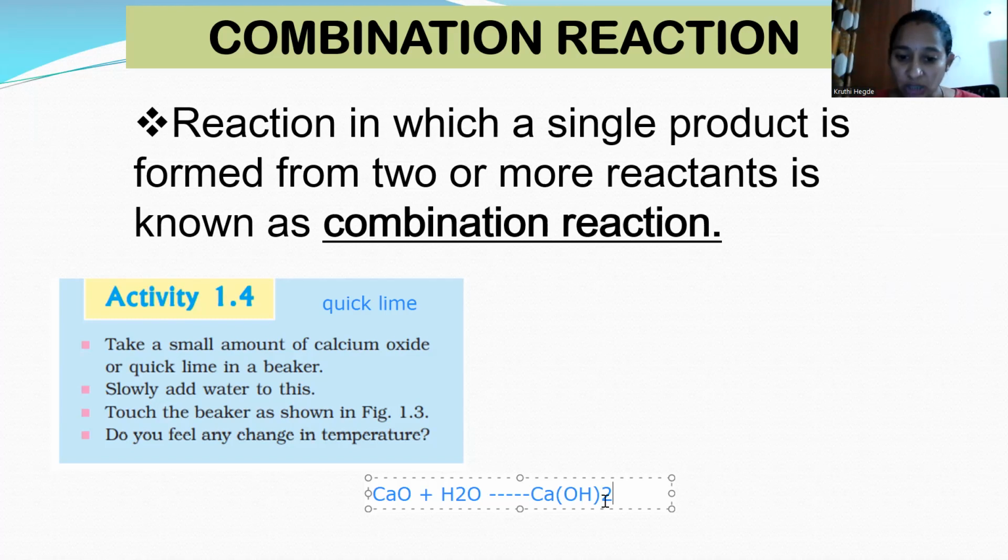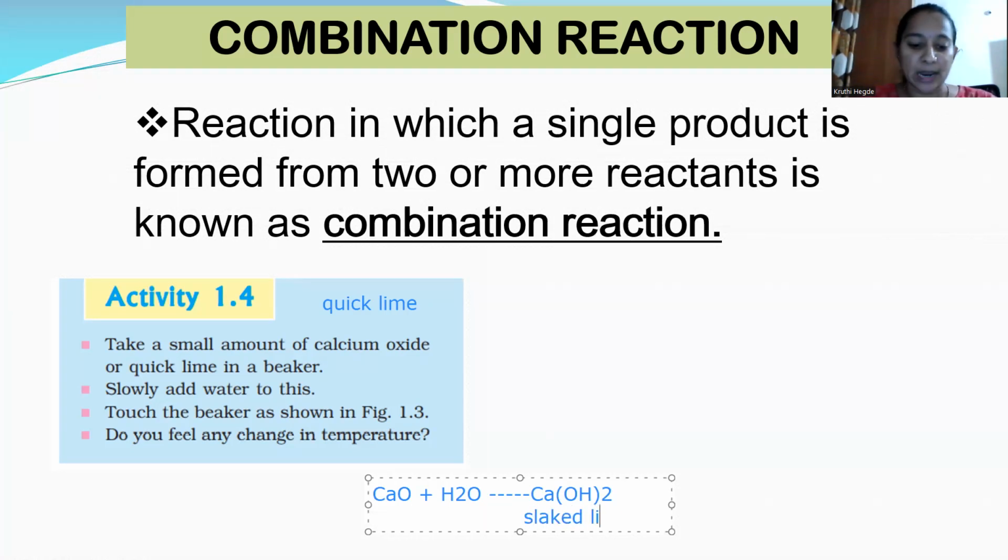This calcium hydroxide is called slaked lime. So quicklime combines with water to form slaked lime. And here you should remember one more thing: in this particular reaction, temperature has increased. That means heat got released.